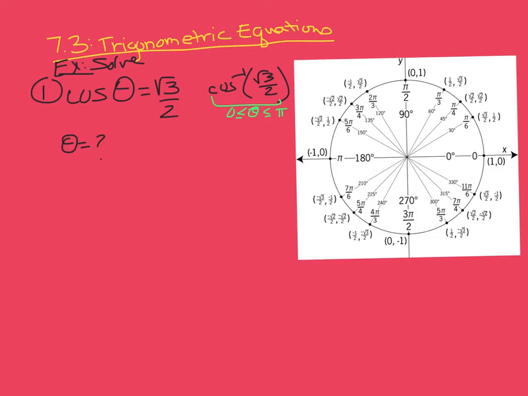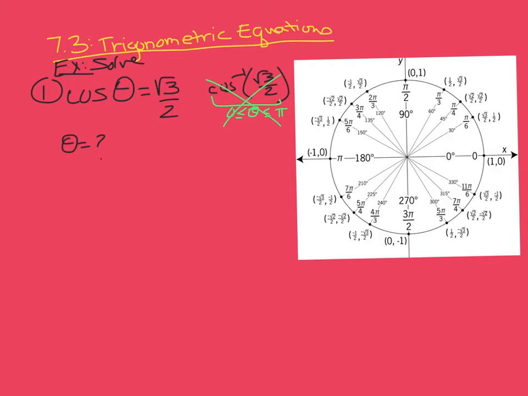That is not the case for cosine of theta equals radical 3 over 2. For that one, you do not have a set domain unless you are actually given a domain. So we are not going to use a domain here unless they tell us. In fact, they usually will tell you, but for the first one, I'm not going to tell you the domain. I'll show you how to write it if you're not given a domain.